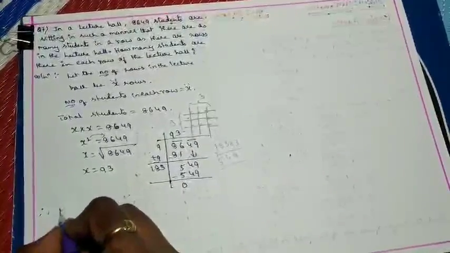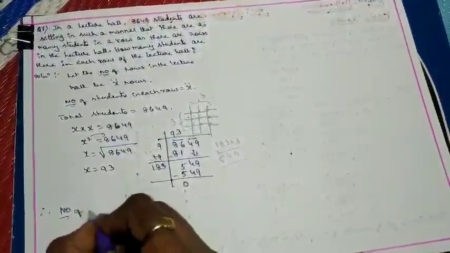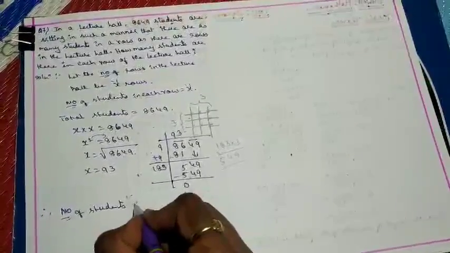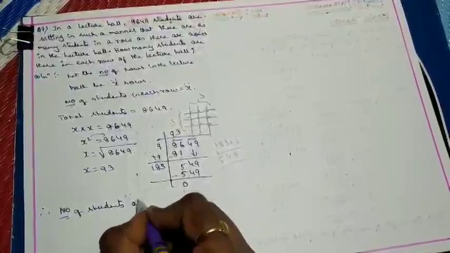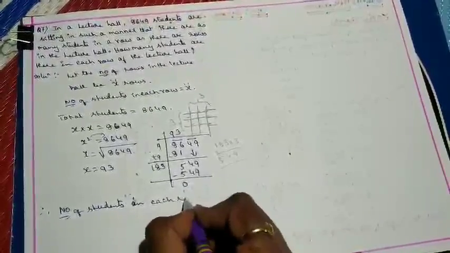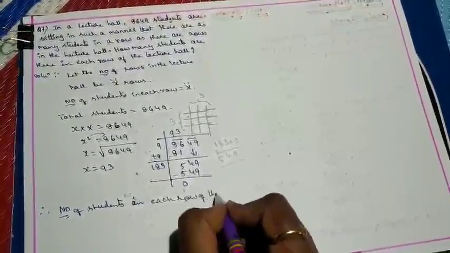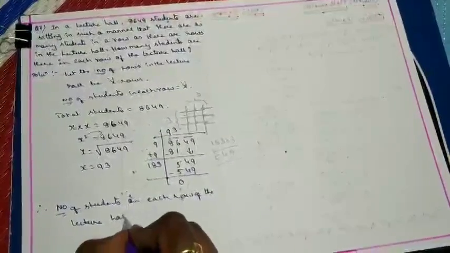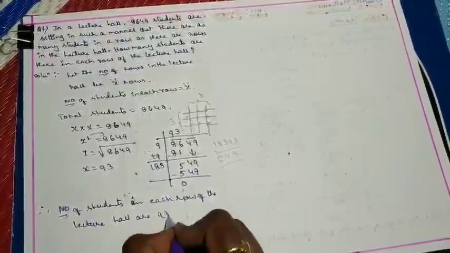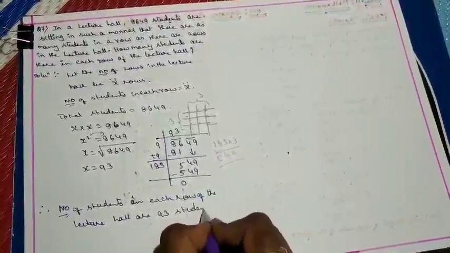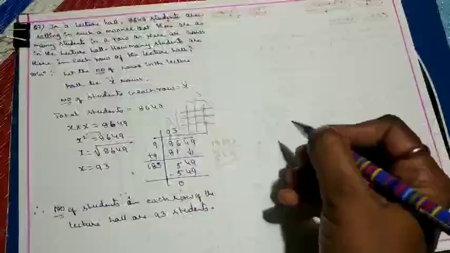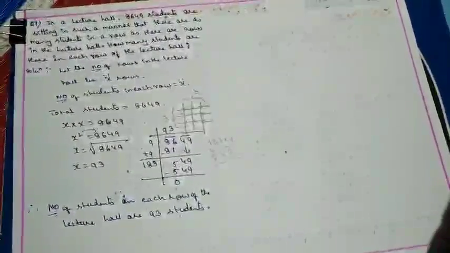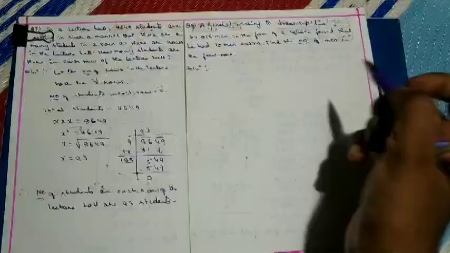Therefore, the number of students in each row of the lecture hall is 93 students. If they ask for the number of rows, the number of rows is also x, which is nothing but 93. Now let me move to the 8th question.